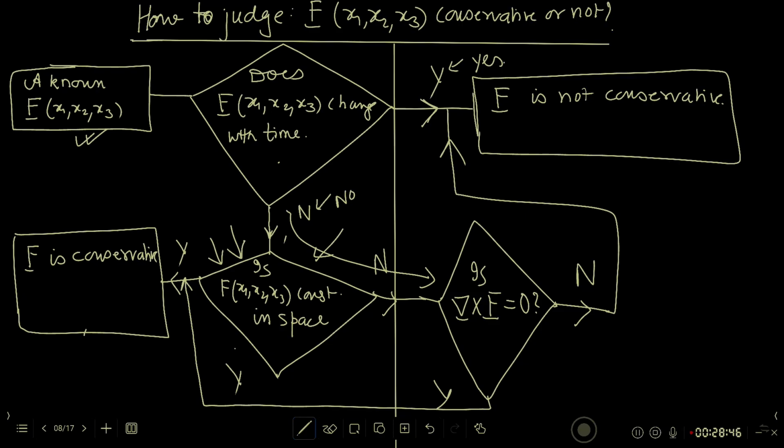Still I have put this box here because if it is a constant, then you really don't have to take this cross product. You can right away conclude and you will get the right conclusion. So overall, this is the way we judge whether the force is conservative or not.